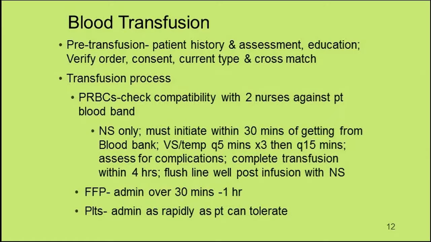But each unit has 4 hours. So if you've got to give 2 units, then you've got to have them both in under 8 hours. That doesn't mean you run the first one over 6 and the second one over 2. It's got to be 4 and 4 or less.